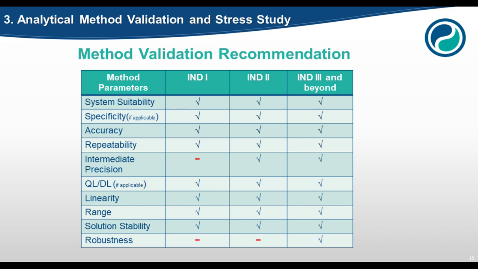So in general, we recommend conducting validation, but we want to stay focused on the basic performance of the method itself. So we generally can skip the intermediate precision study and robustness study.